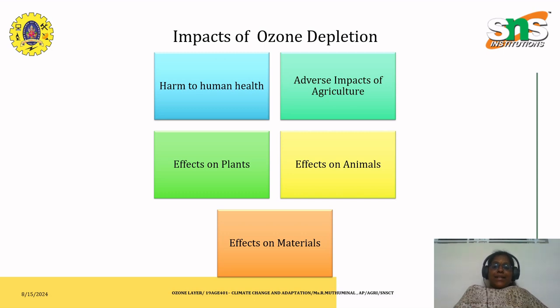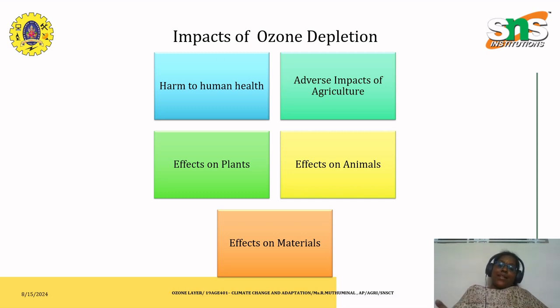The second category is adverse impacts on agriculture, since due to the ozone depletion and the emission of greenhouse gases, what happens? It will lead to global warming. Obviously, after the global warming, the crops and forests will get damaged since the ozone gets depleted. The effect on plants and the effect on animals come under the adverse impact on agriculture, as these are two categories which will get affected.